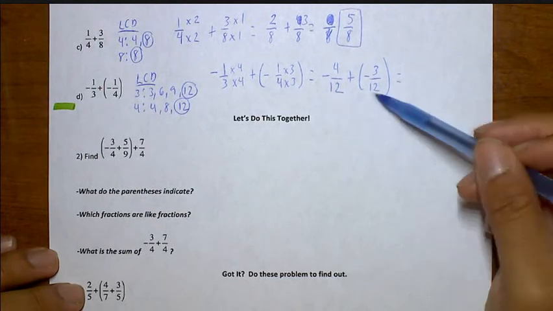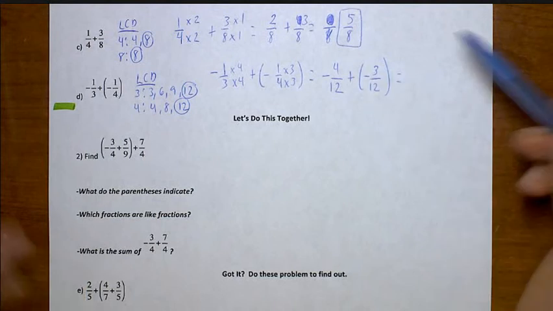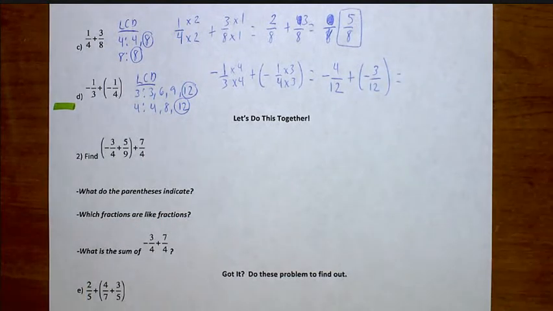But if you don't have time for that now, let's do a quick review. We have addition here. We have same signs, which means we add and keep. So we get negative 7 over 12. And that's our final answer.